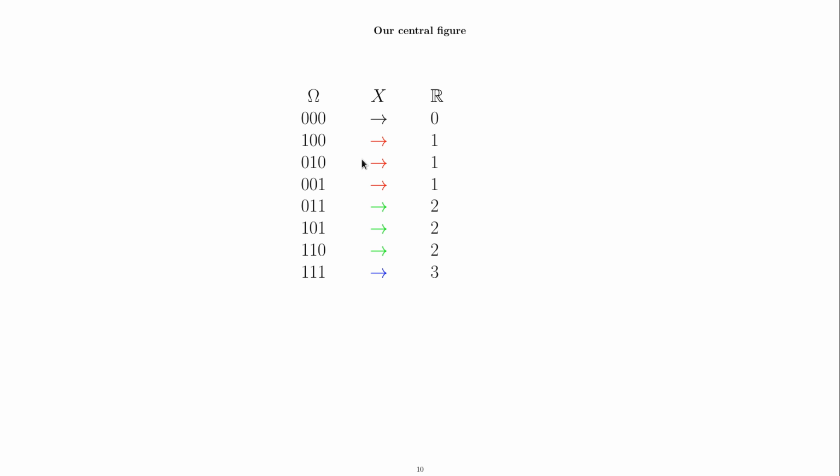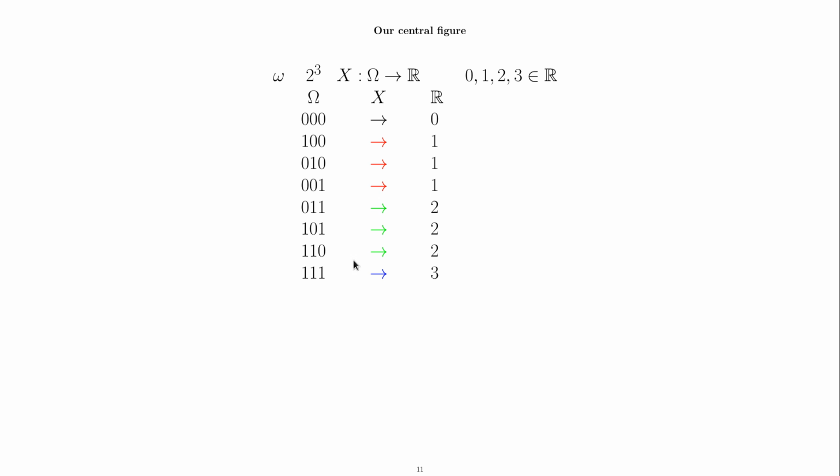And so this is X, right? And so now we get some extra notation. X is the function that maps from big omega, our sample space, to the real numbers. And in this case, the values that X takes on are 0, 1, 2, and 3. Those are the actual values that X takes on.